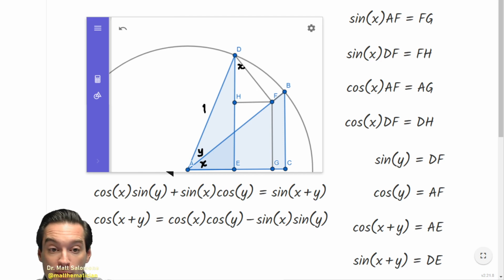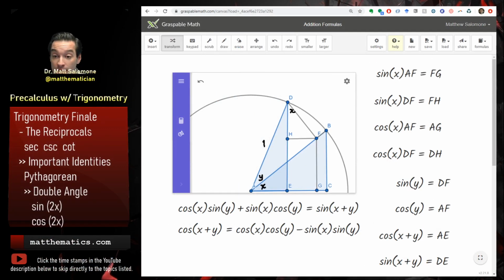So these are the two formulas that we call the addition formulas for sine and cosine. But this isn't exactly what I was promising here, right? What I was promising was a double angle formula, something which can tell me the sine of 2x and the cosine of 2x. Well, we can deduce those formulas from the formulas that we just got down here. All we have to do is take x and y to be equal to one another, to be the same angle.